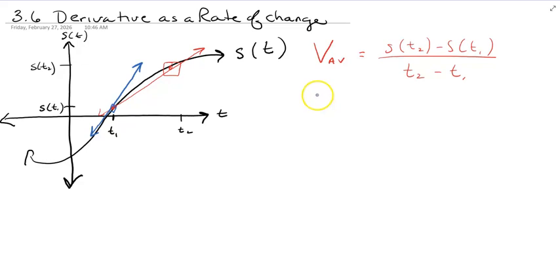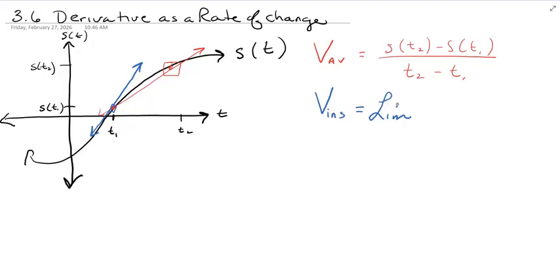And ultimately, if we put those two lessons together, we can indeed find the instantaneous velocity by applying the limit definition for the derivative.